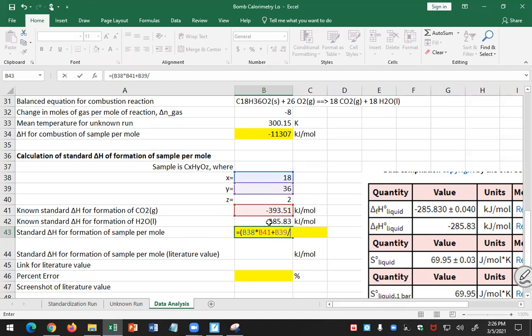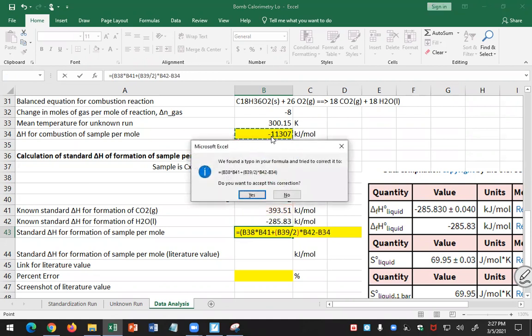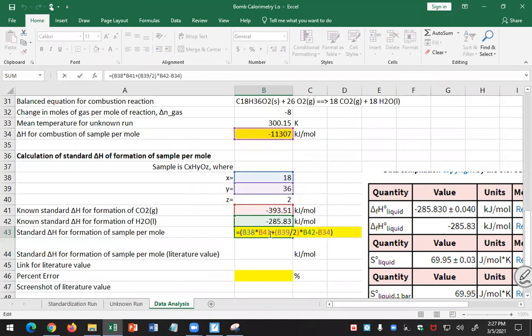If that bothers you, you can put this in parentheses, y over 2 times the value for water, okay? Minus the delta H combustion, right there. I don't need this extra parenthesis actually.